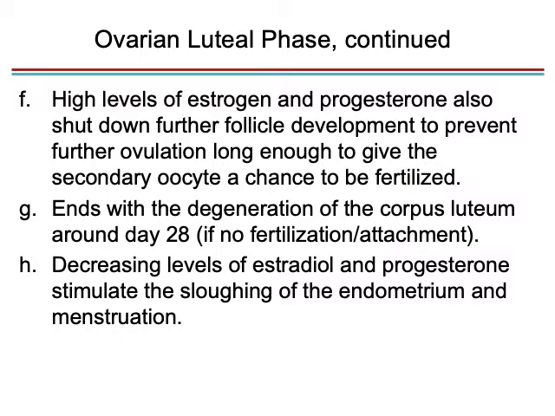If there is no attachment of a fertilized egg, either because it failed to attach or there was no fertilization, the corpus luteum begins to degenerate. And if you look back on the slide or upcoming slides, you'll see that estrogen and progesterone production drops.